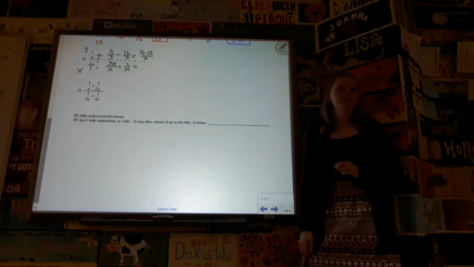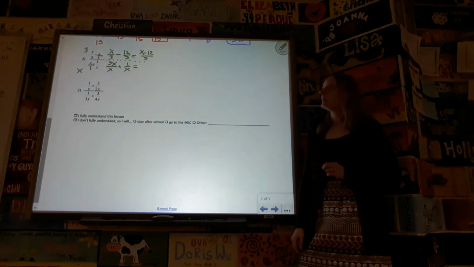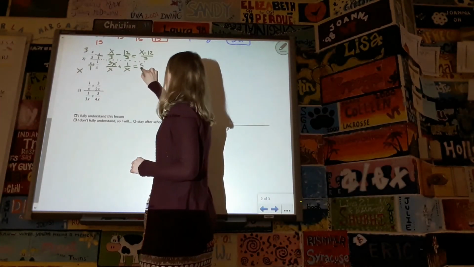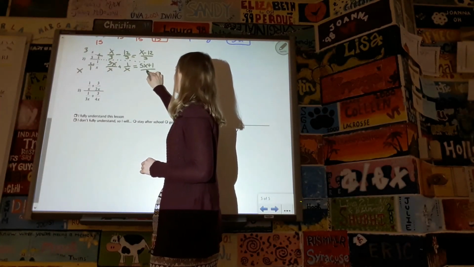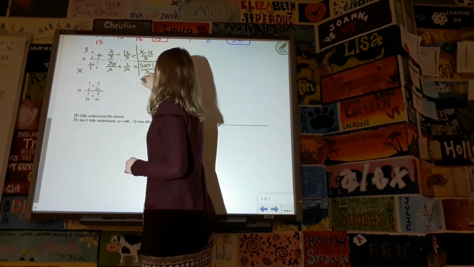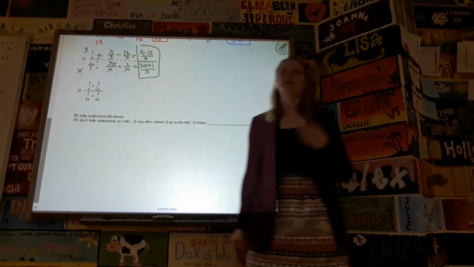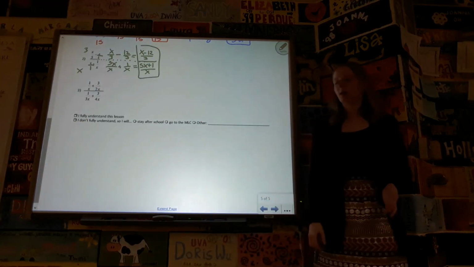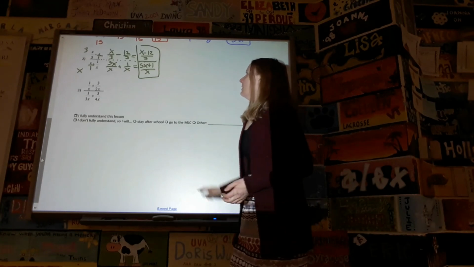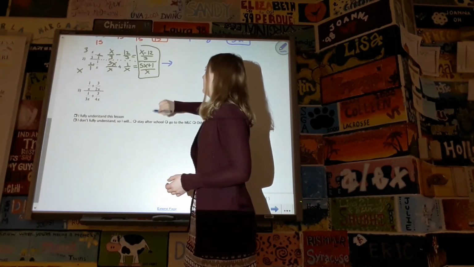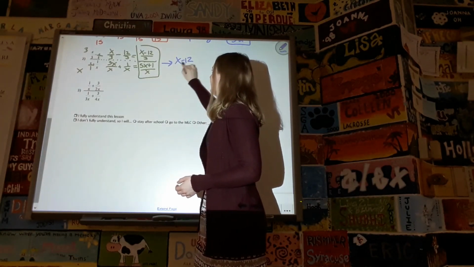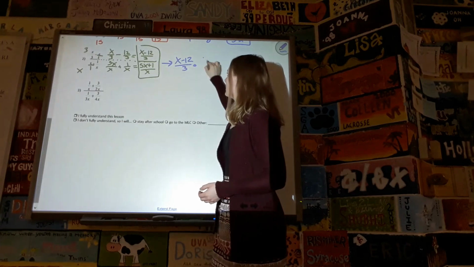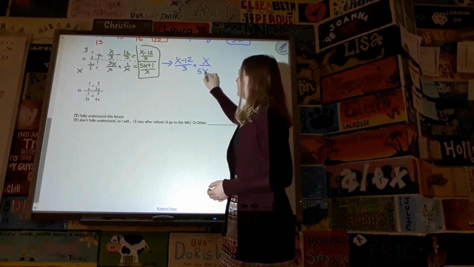What would that be? 5x plus 1 over x. So then this is my keep, change, flip problem now. Keep, change, flip.